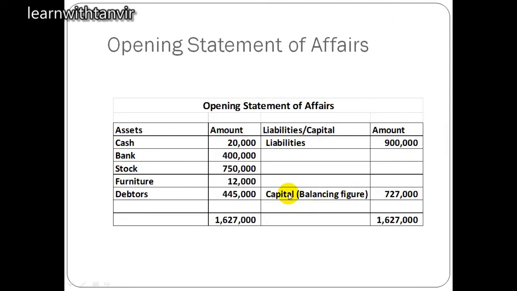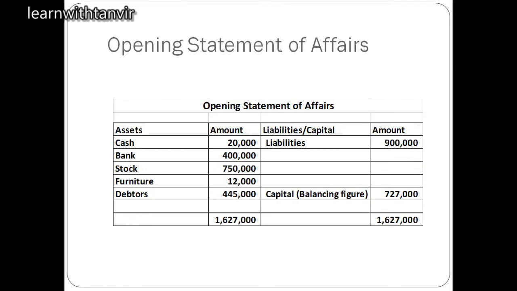This capital was not given by the customer. This is the balancing figure. We transfer the bigger side to the small side. Its total is 1,627,000. We transfer this figure to the small side and then minus that, and we ascertain this figure, 727,000. This is the opening capital, you can say.